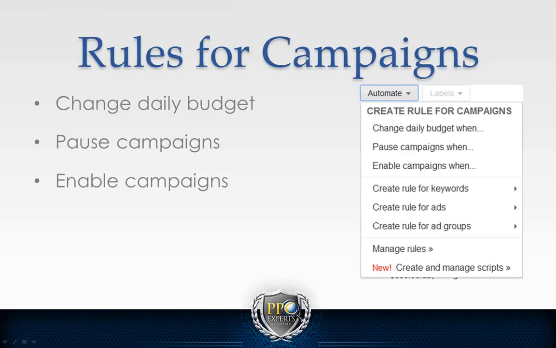You can see here that when you click the automate button and you're on the campaigns tab, this is what is presented to you. Create rule for campaigns. And you can change your daily budget, you can pause campaigns, and you can also enable campaigns.